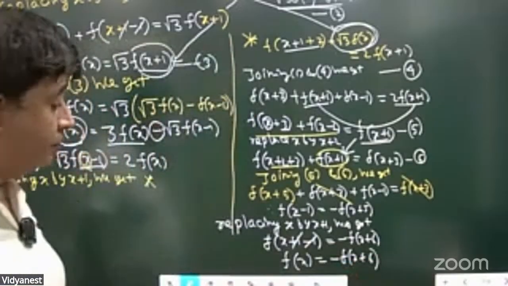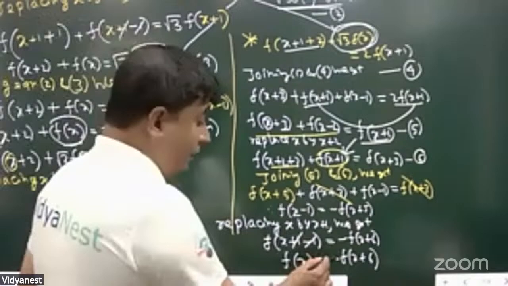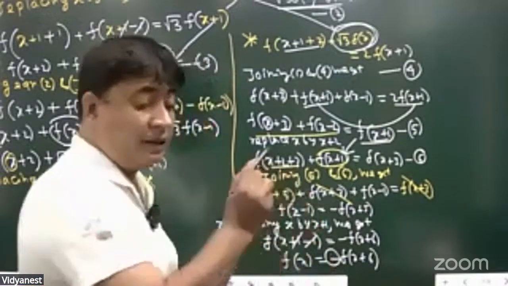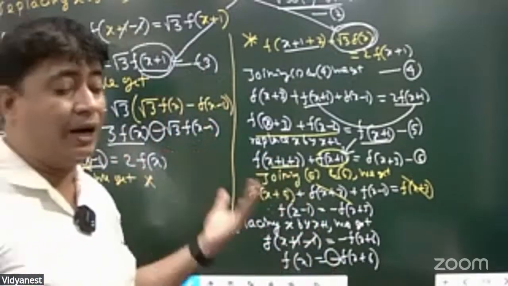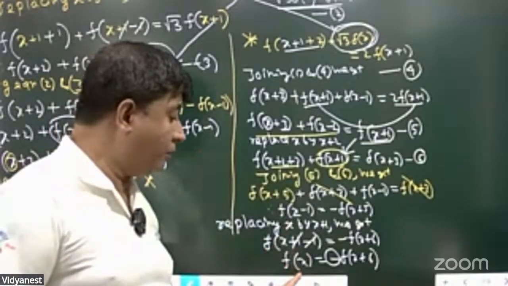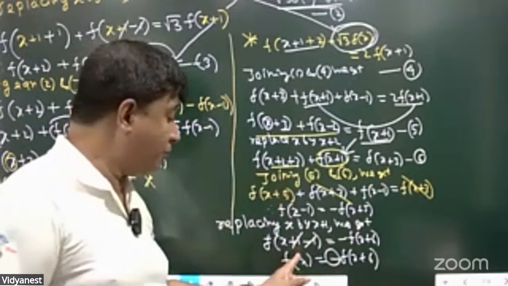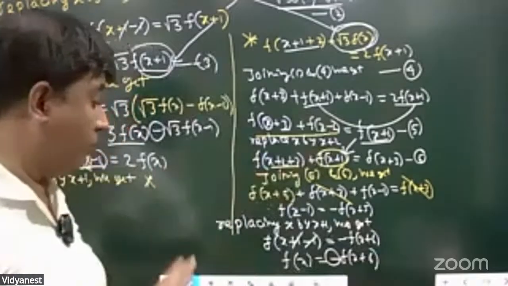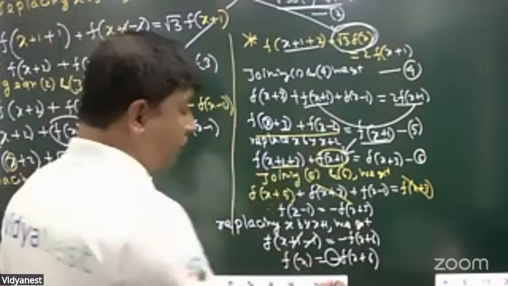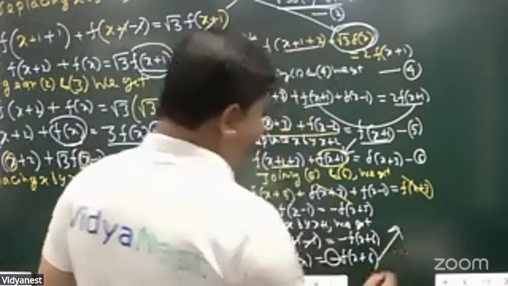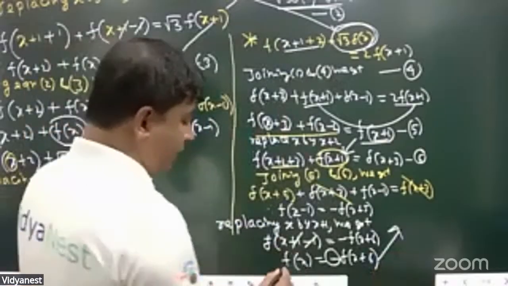Had this not been there, by closing our eyes we would have told 6 is the period, but no, the minus sign is there. So we are just one step behind the final conclusion.